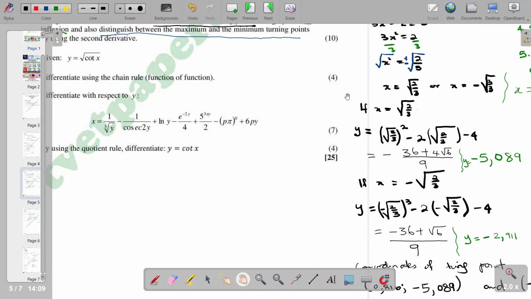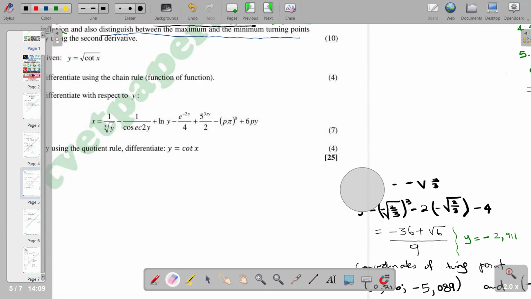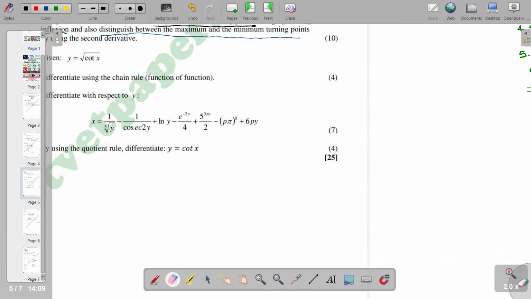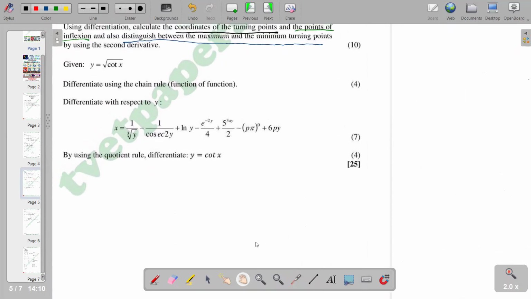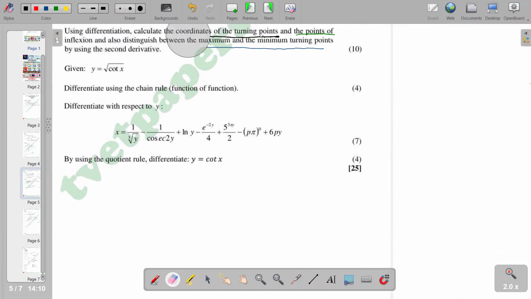The question is saying given y is equal to, so that's 4.2, it's saying y is equal to square root of cot x.